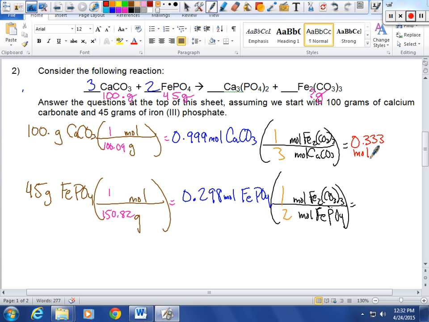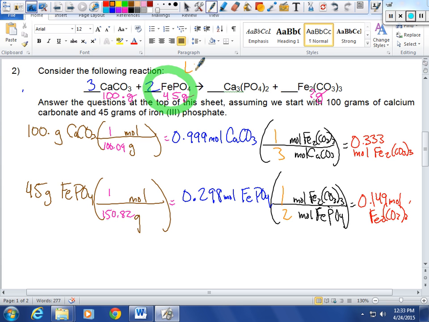All right, moles of Fe2CO3, and the bottom one was what? 0.149 moles of Fe2CO3. All right, so from this point, we can now determine our limiting reactant. Who is it? Very good. It is FePO4. So this guy right here is going to be our limiting reactant.